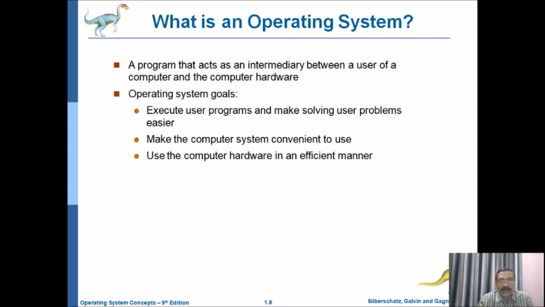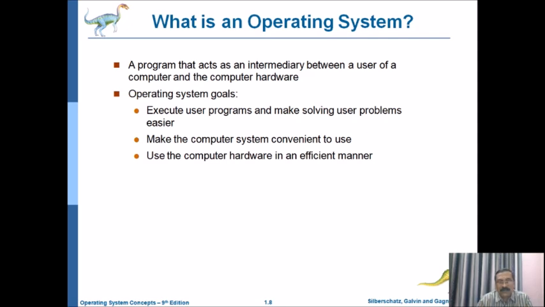When you switch on a computer and after some initialization is finished, you will see a window. It is a Windows operating system, and you are normally sitting at a computer on a platform with Windows. So Windows is an operating system.